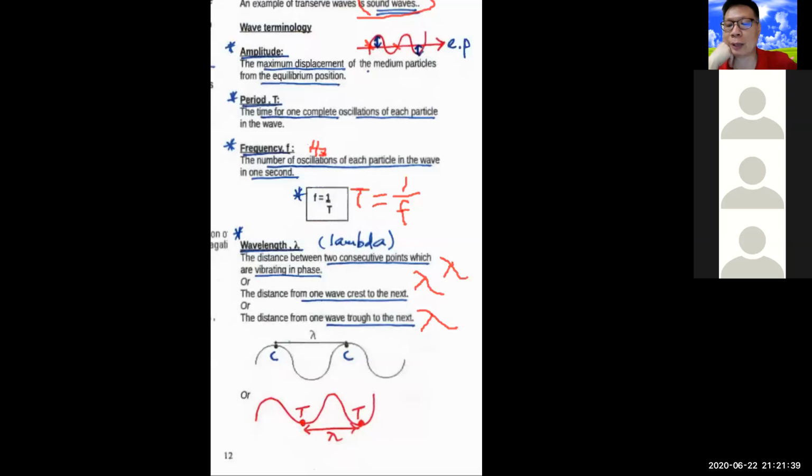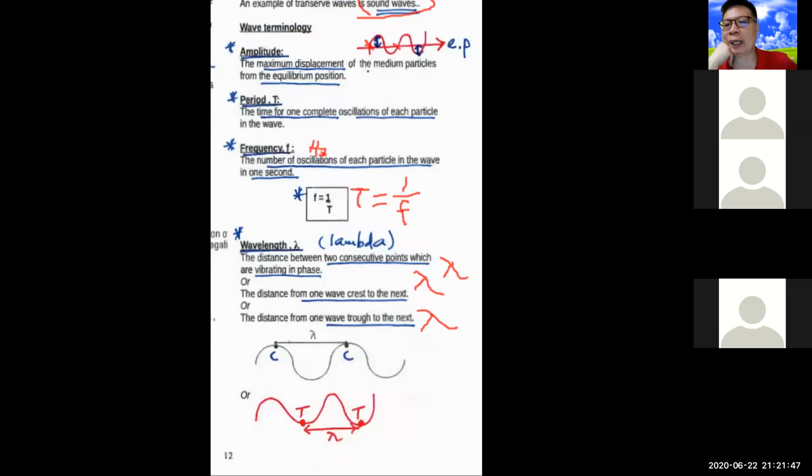Okay. You know how to calculate the amplitude. Okay, next. Chen Leong, are you there? Yes. Chen Leong, what is the meaning of wavelength lambda? There are three. Which one do you want? Anyone, you tell me anyone. The distance from one wave crest to the next.